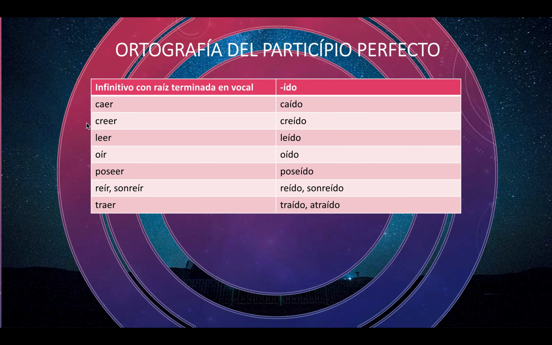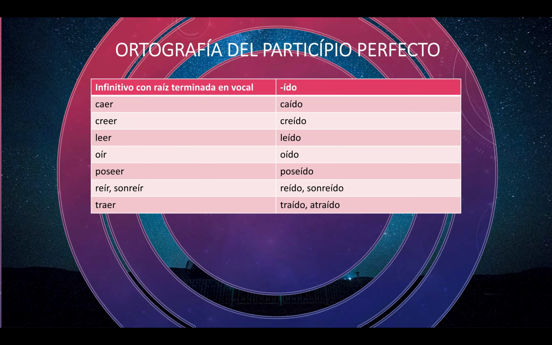So in caer, the stem is ca. Creer, the first three letters are the stem. So the infinitive endings are going to be the AR, ER, IR endings. If the stem ends in a vowel, then you need to accent the ido. So this only applies to ER, IR verbs, really, because those are the only ones that fall into this category.